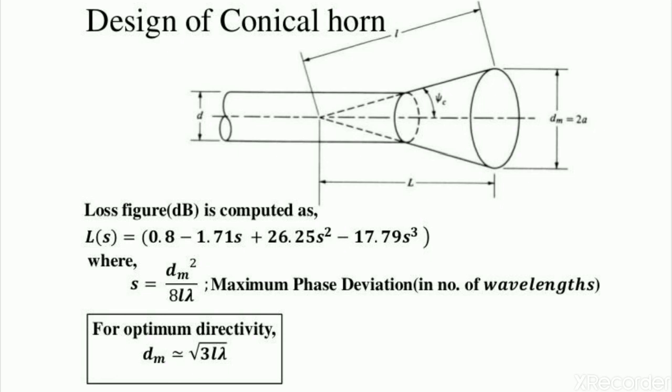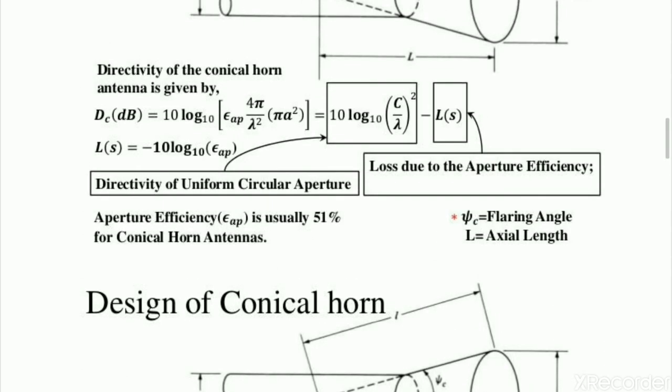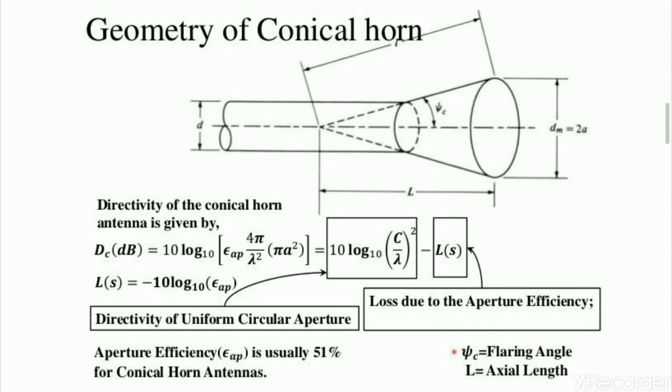Here are three formulas: loss figure LS, where small s is the maximum phase deviation and dm is the diameter of aperture or cross section. And this is the geometry of the conical horn, which also gives three equations: the directivity of the conical horn, the loss due to aperture efficiency, and the directivity of a uniform circular aperture.